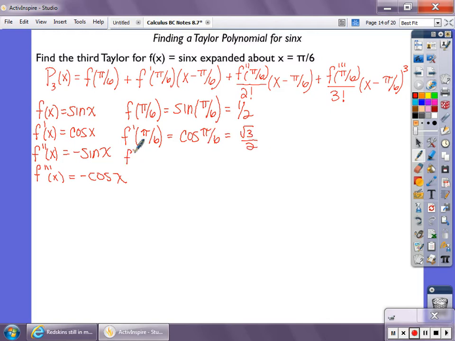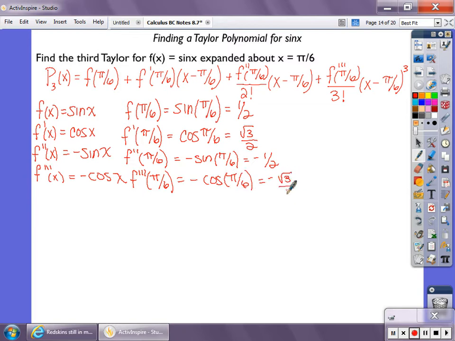Now we need f double prime of pi over 6, which is negative sine of pi over 6, which is negative 1/2. And then finally the third derivative evaluated at pi over 6, which is negative cosine of pi over 6, which will be negative square root of 3 over 2.